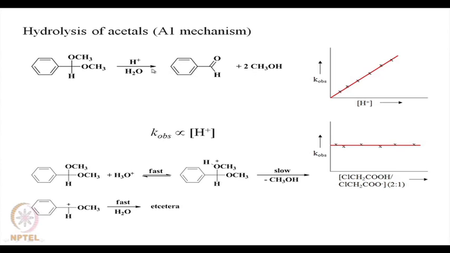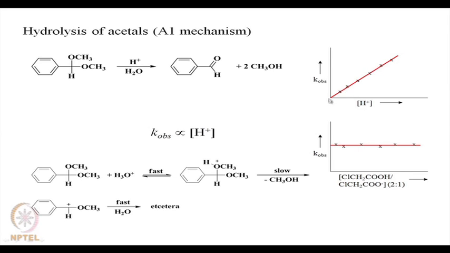Sorry, it is not acetaldehyde, it is benzaldehyde. So, benzaldehyde acetal, in presence of H+ produces benzaldehyde and 2 molecules of CH3OH, and you see that in presence of H+, as H+ is increased, K observed is also increased.